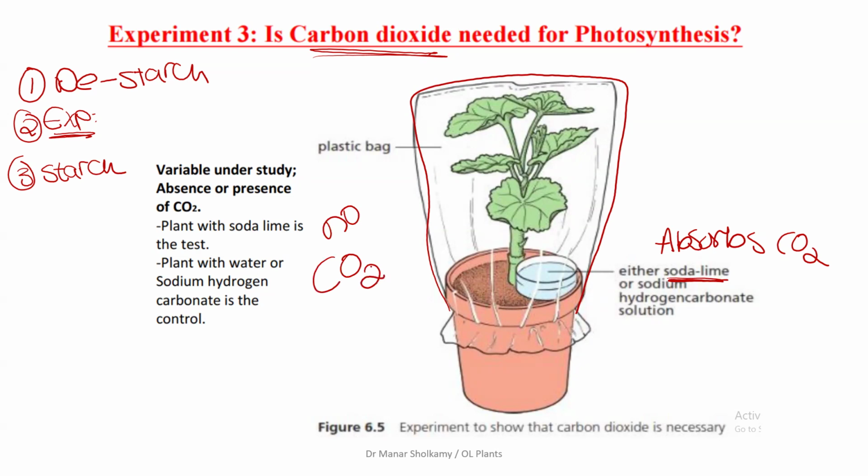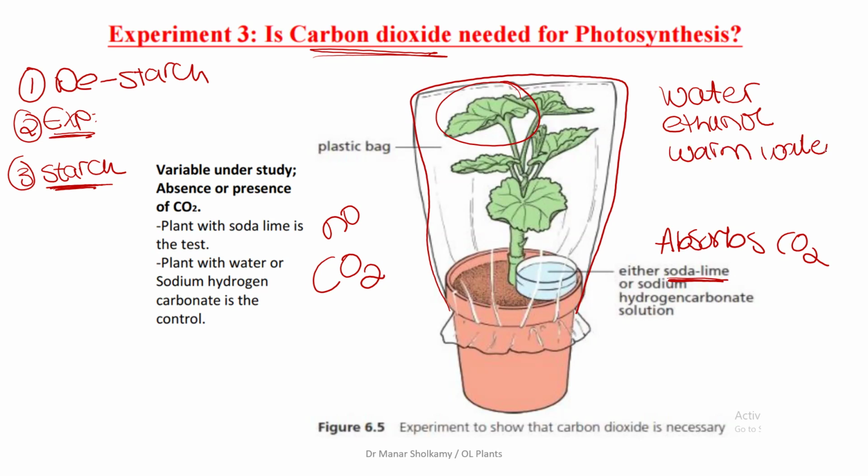I will put it in the sun and I will give it time to photosynthesize. I will see if it will photosynthesize or not. After I leave it in the sun for a couple of hours, I'm going now to test for the presence of starch. I'm going to take one of the leaves, boil it in water to remove the waxy layer and destroy the cell membrane, and then boil it in ethanol to remove most of the chlorophyll so that I can see the color change, and then dip it again in warm water to make it soft.